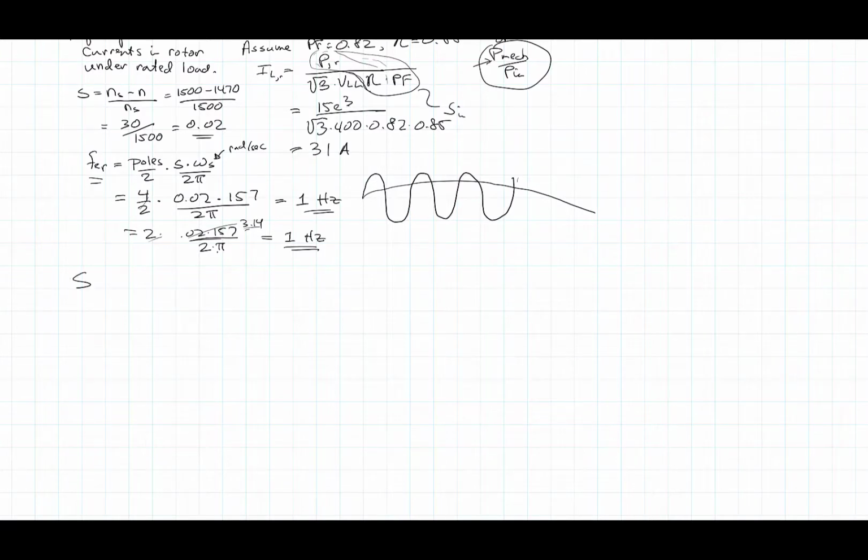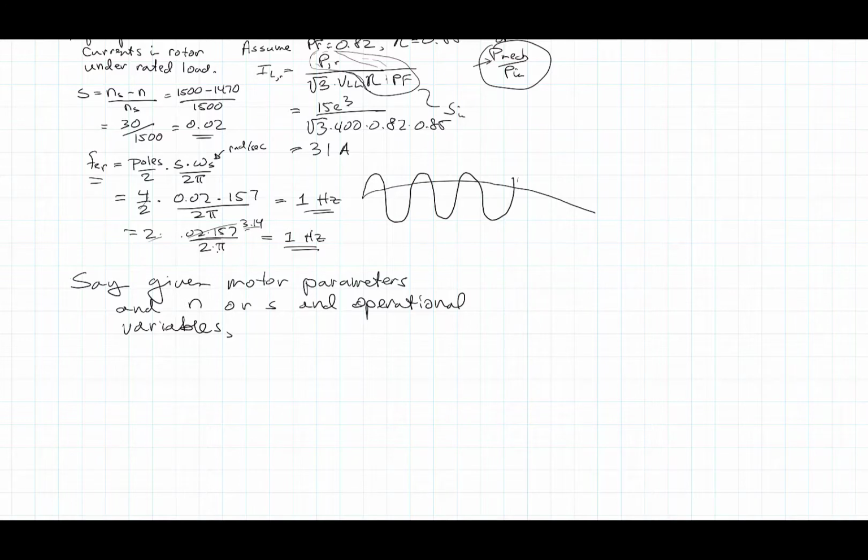Let's say we're given the motor parameters, and we're given speed or slip, and of course the operational variables like the line-to-line voltage applied to the stator, and the frequency.